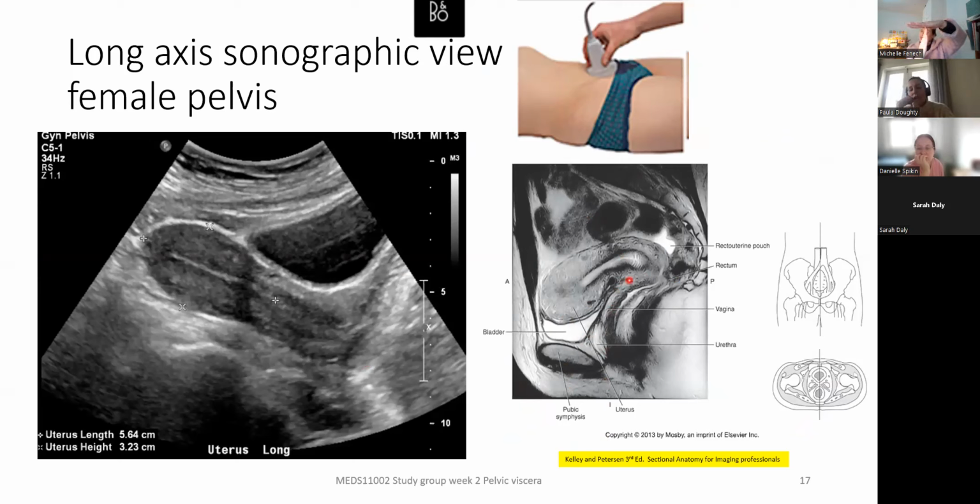Oh, so it's more on that angle. Yeah, so the transducer's coming up to here. Does it always enter the cervix or does it sit prior to the cervix? No, because we can see the cervix, it's only in the vagina to about here. So you put it into the vagina facing backwards a bit, and then you see the uterus perpendicular to where you're holding the probe.